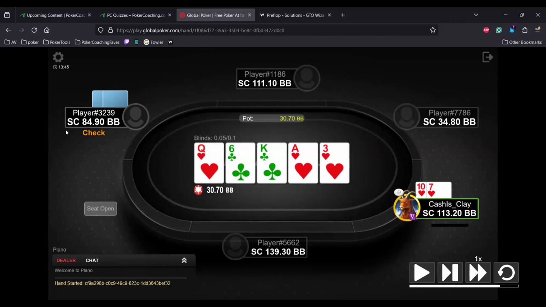He's got king 3 hearts, king 5 hearts. He's got jack 9 of hearts, jack 8 of hearts. Is this a value bet?